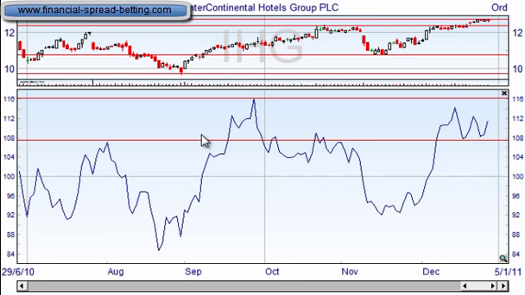This is one of the unique things with the momentum indicator: you can apply these points of reference that allow us to gauge where we're likely to see a change in that chart before it's actually happened in the chart.